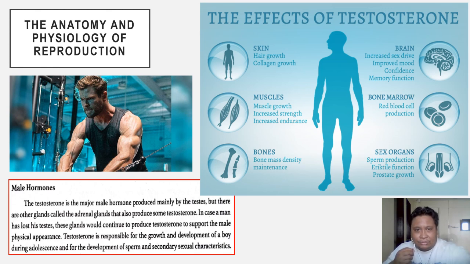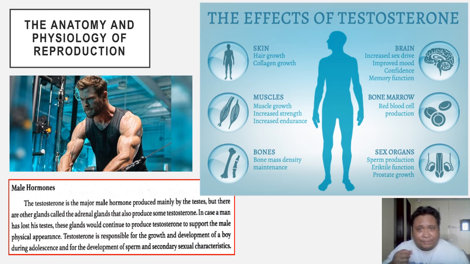And also, here in the chart, for the skin, it's hair growth and collagen growth, and it also develops muscle growth, with increase in strength and increased endurance. For bones, testosterone produces bone mass density maintenance.